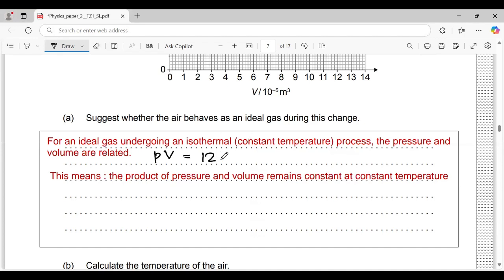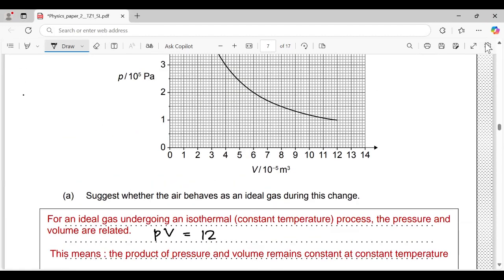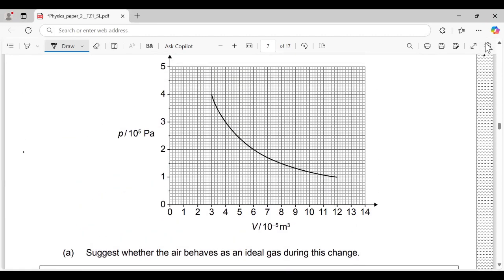I'm going to show you why this is 12. Look, the relationship on this coordinate point: 4 times 3 is 12.